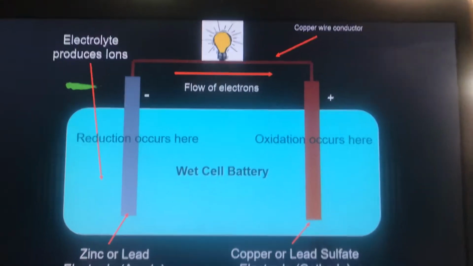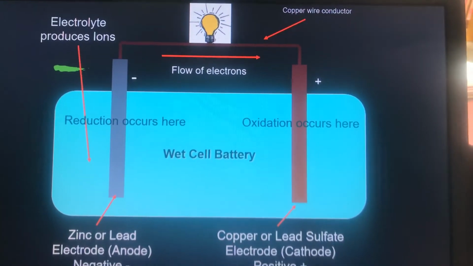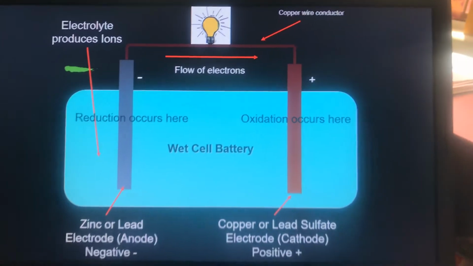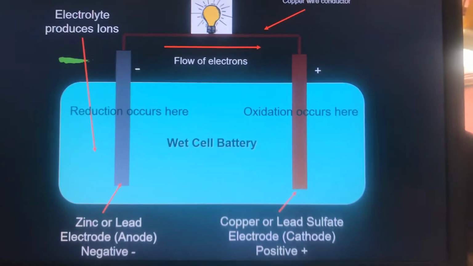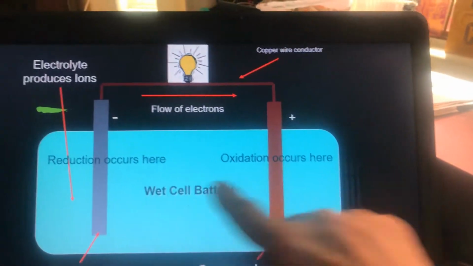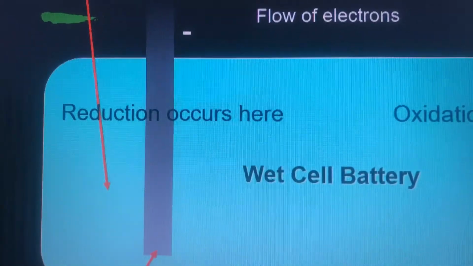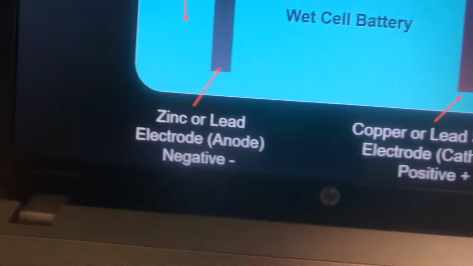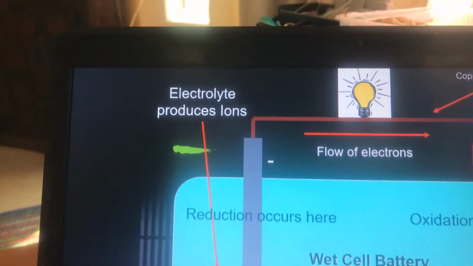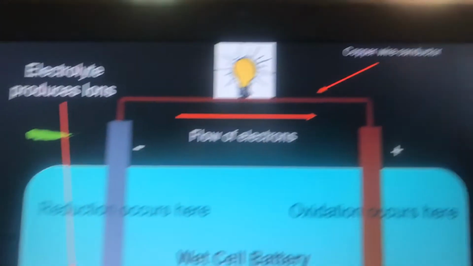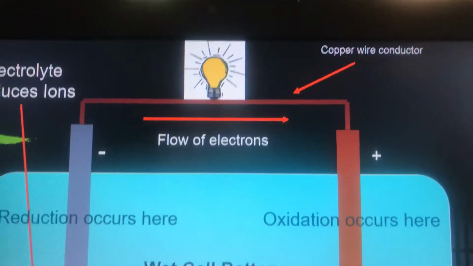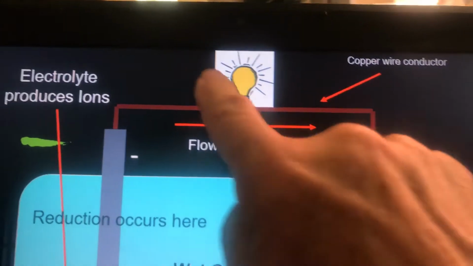Now, here is a wet cell battery. This is what it looks like in your car. You have electrolyte over here. This is where reduction occurs in the wet cell battery, and this is where oxidation occurs. Electrolyte produces ions. Then that's the copper wire, and here is the light.